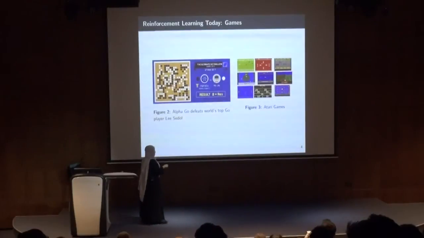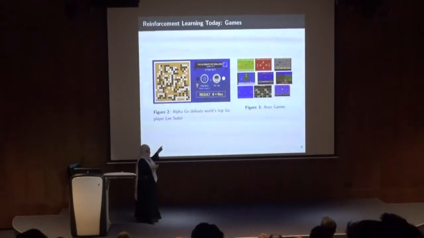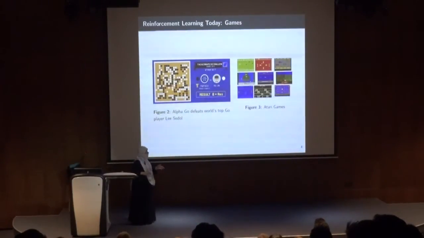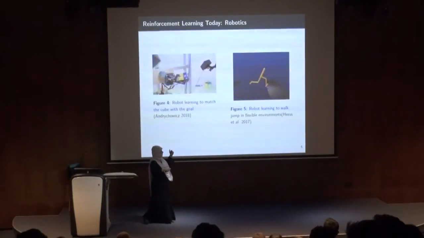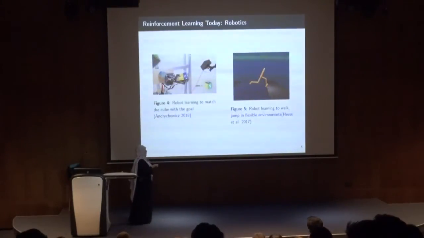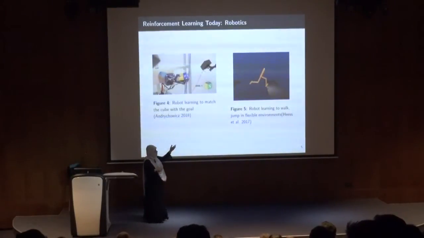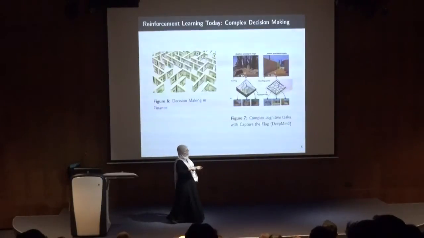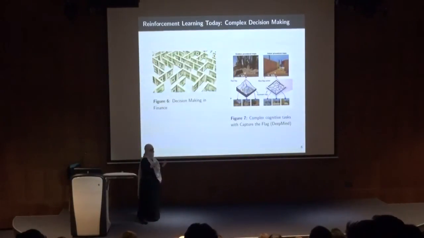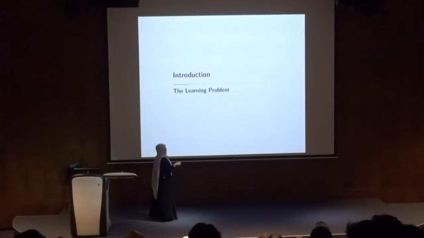In 2017, AlphaGo, a computer program based on reinforcement learning, defeated the world top player in the game Go. We see reinforcement learning in Atari games, in solving complex cognitive tasks like matching a cube with a certain image. We see humanoid robots walking, jumping, and running. We also see reinforcement learning in complex finance tasks, which are basically decision-making tasks, and other complex cognitive tasks.